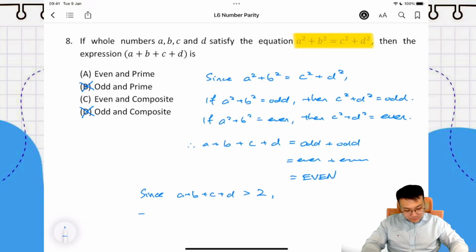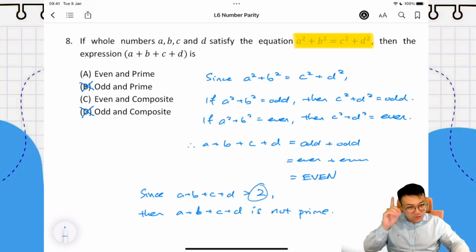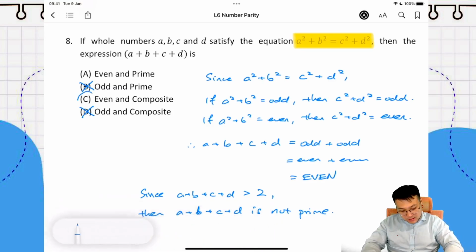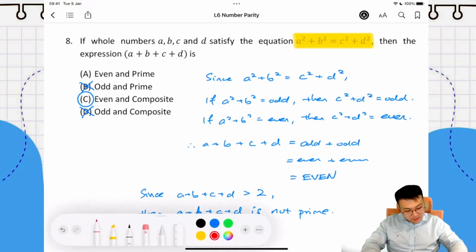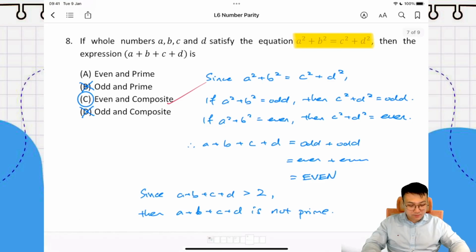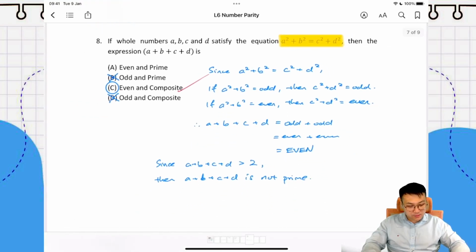Therefore, the answer is not going to be prime, because 2 is the only prime number that is an even number. Anything bigger than 2 is going to be composite. So the answer is C. Okay, students, well done. Those of you who got C, good job. Cannot be prime. 2 is the only even prime number.